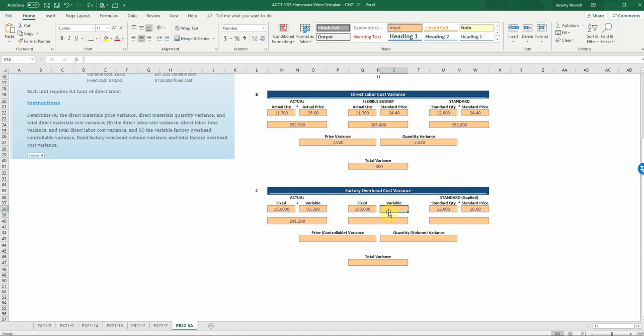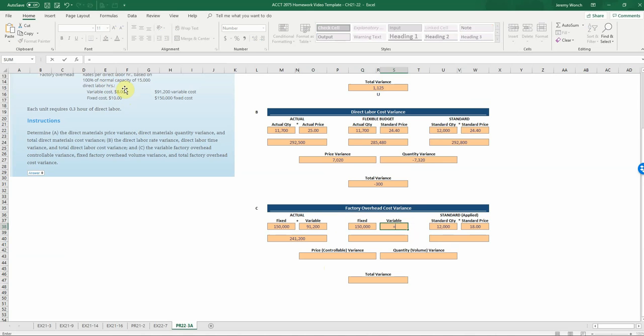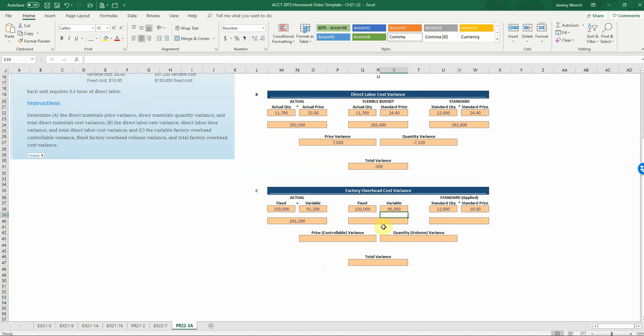And so what's a little different here is we're looking at just the variable portion of $8 times our standard quantity to get us our total variable cost there. So our total flex budget cost is 246,000.